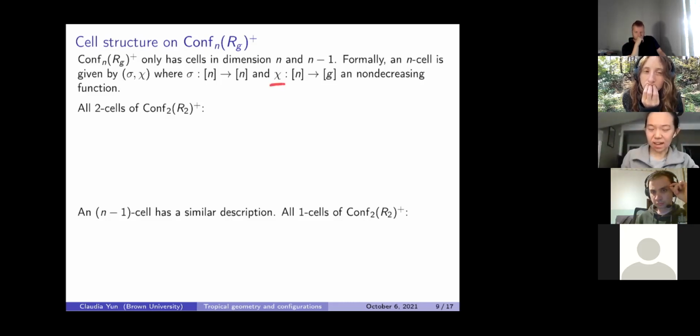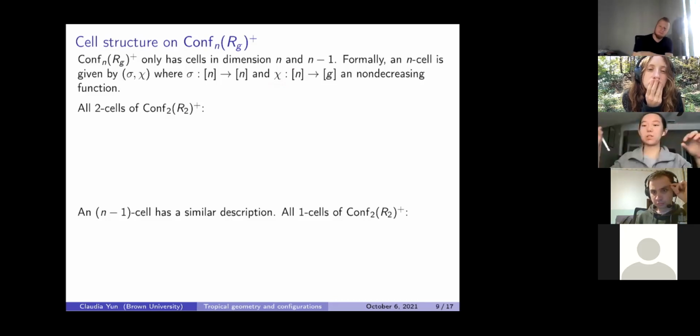And secondly, I have this step function chi. It's a non-decreasing function, which means I'm looking at how I'm distributing these points to each arc. And those are the only two pieces of information you need to know to define a cell.